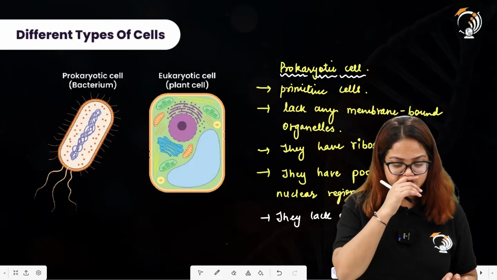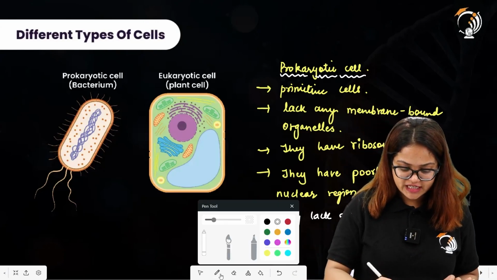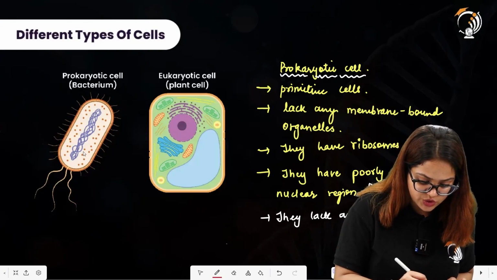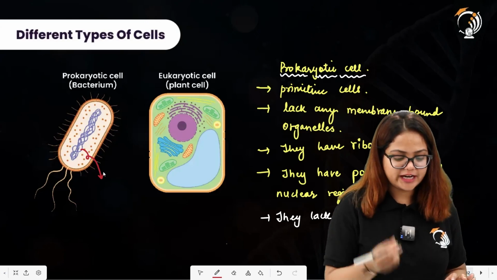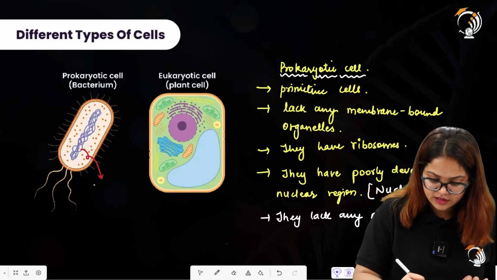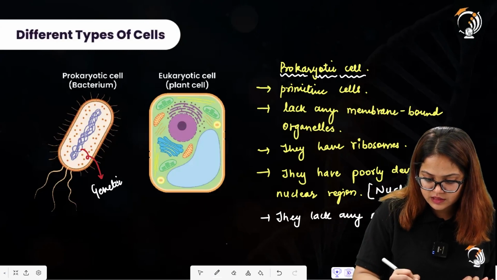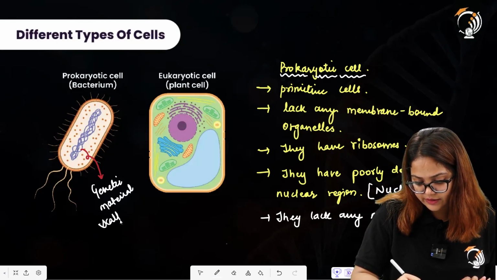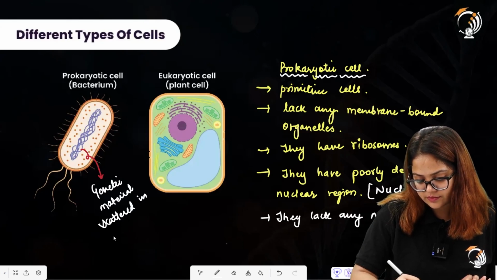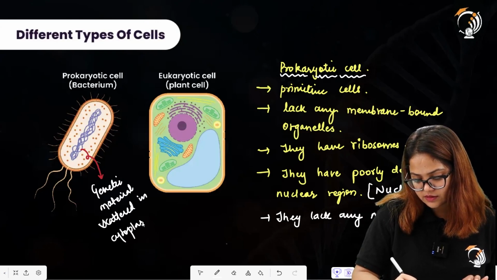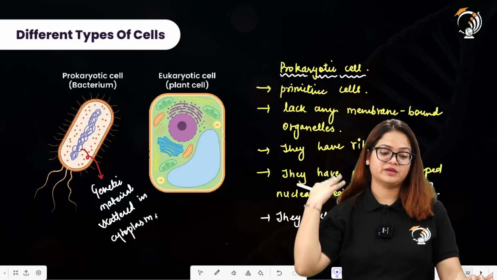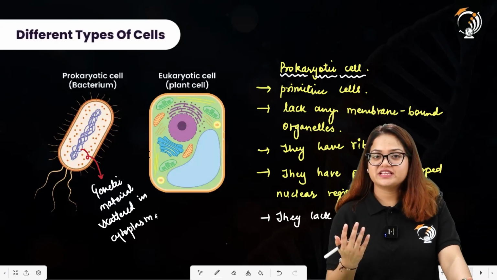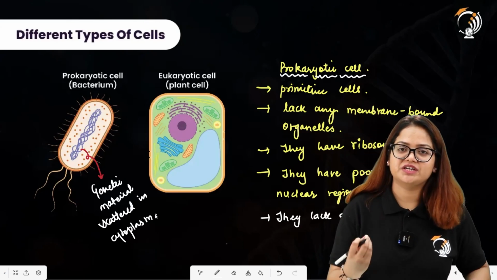Here the genetic material is just scattered in the cytoplasm, and you can observe that there is no nuclear membrane. So the nucleus is not there, yet there is a poorly developed nuclear region termed a nucleoid.